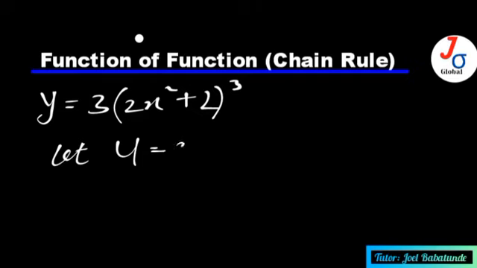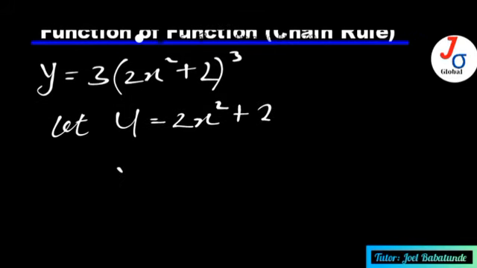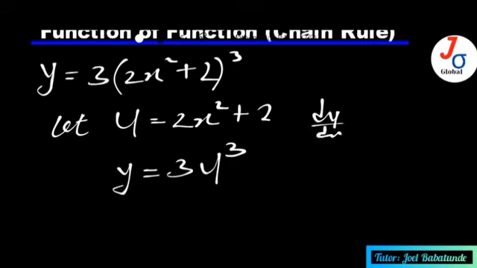So you have 2x squared plus 2. Alright, so then that means that y now becomes 3u raised to the power of 3. So what's your du/dx? You're going to have this multiplied by this. You have 2 times 2 is 4x, because 2 minus 1 is 1. And basically 2 is just 0.